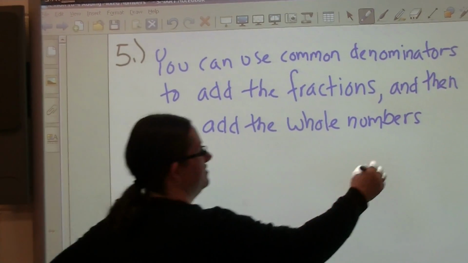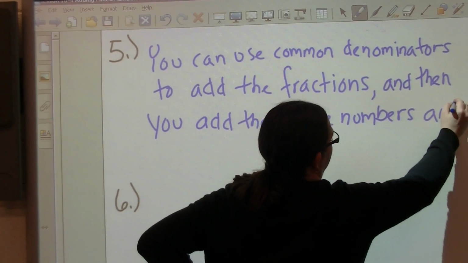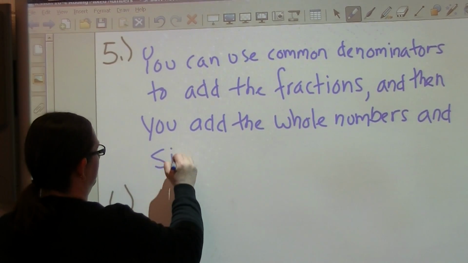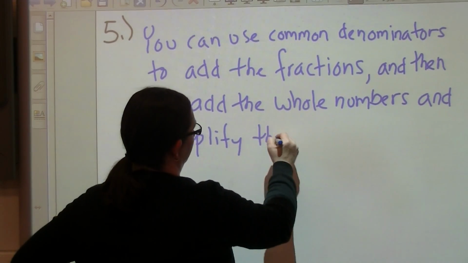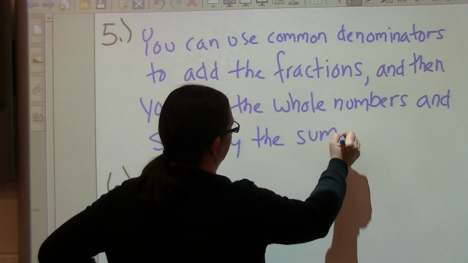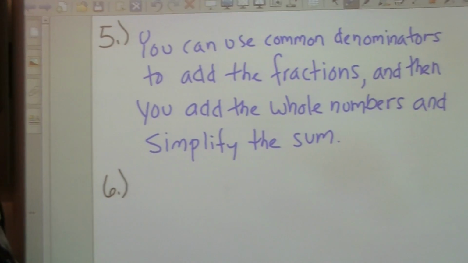And simplify the sum. Okay, 5th grade, get that copied into your notes.